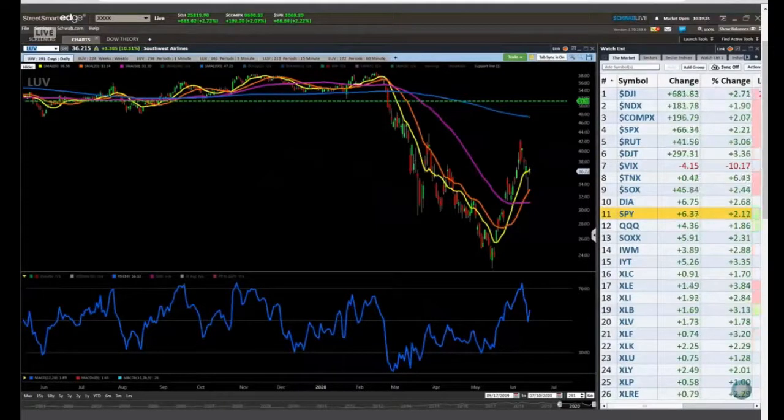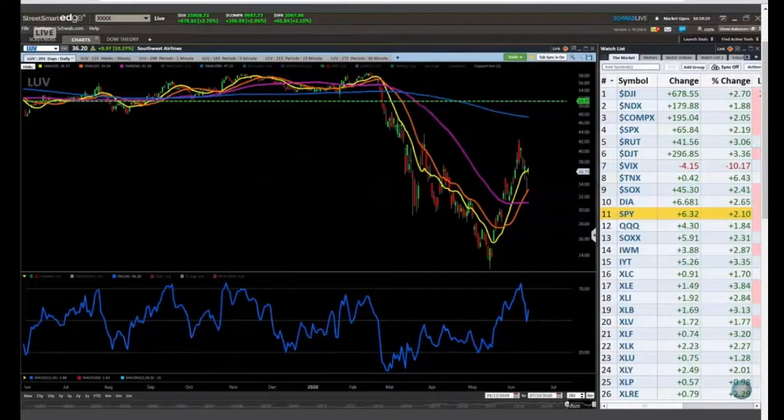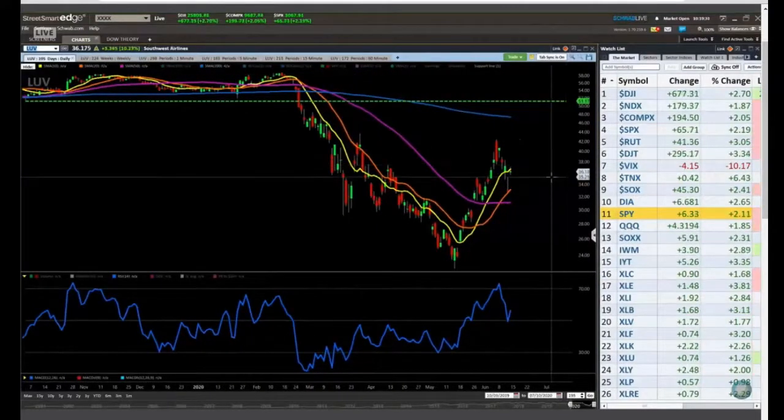One, up on the reopening play. Two, though, it got upgraded to an outperform at Credit Suisse. Some of the commentary there was that they have one of the strongest balance sheets of all the airline companies. Running right into the 10-day again. There'll be a lot of 10-day resistance testing today, I think, Lee.